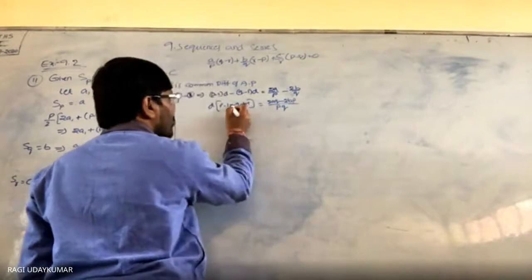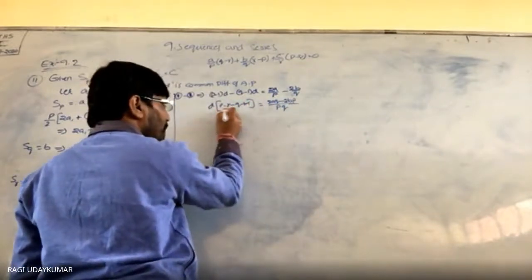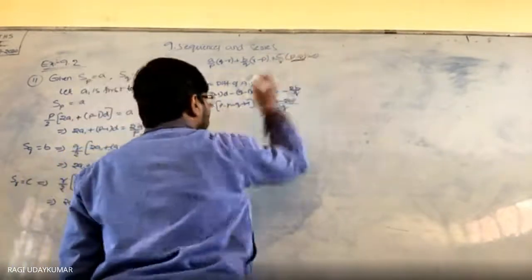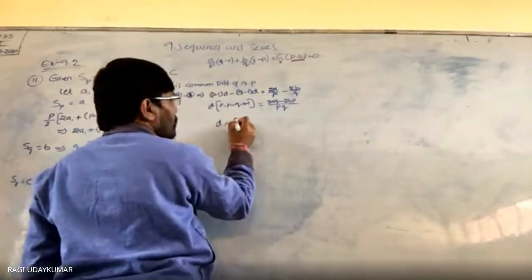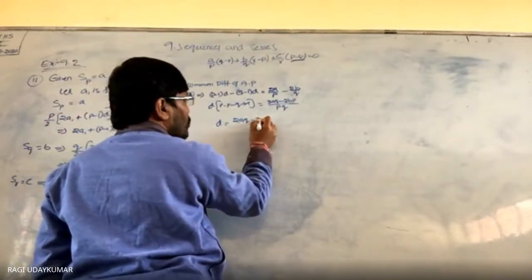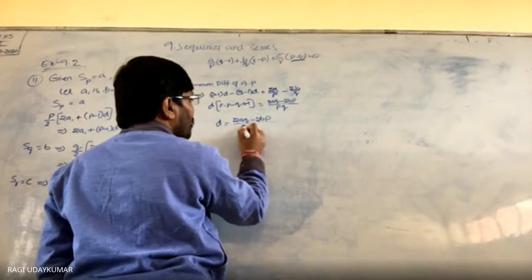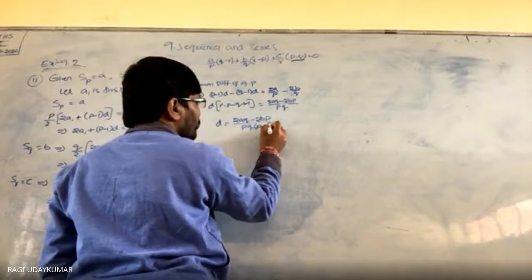So this plus 1 minus 1 will get cancelled, P minus Q. This P minus Q is coming, and here also P minus Q is there, so that's why I'm taking it like that. So equals 2AQ minus 2BP by PQ into P minus Q.